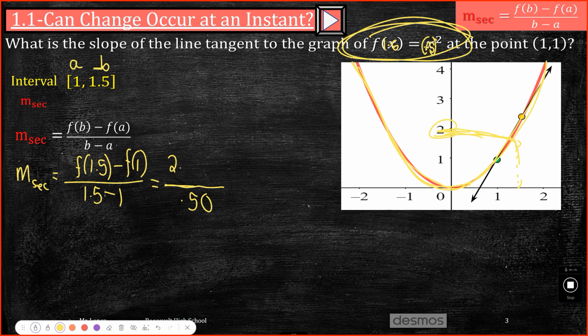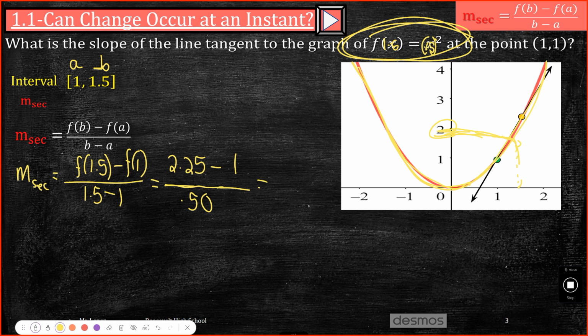This is 2.25, minus f of 1. Use your calculator. What's 1 squared? Please don't say 2. It's 1, yes? All right, so we got 2.25 take away 1. What's 2.25 take away 1?